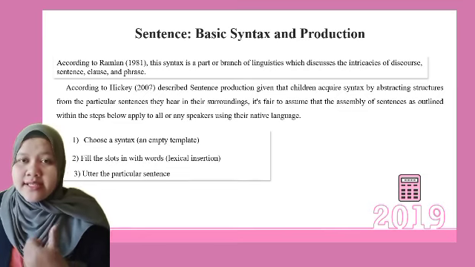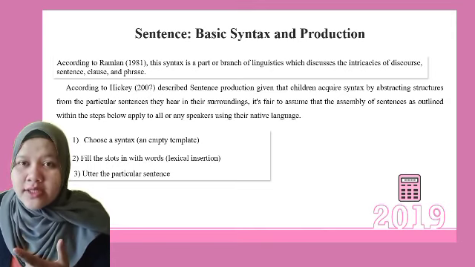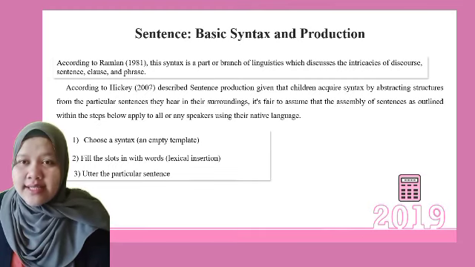The first is to choose a syntax or an empty template, the second is to fill the slots in with words, or lexical insertion, and the last is to utter the particular sentence.